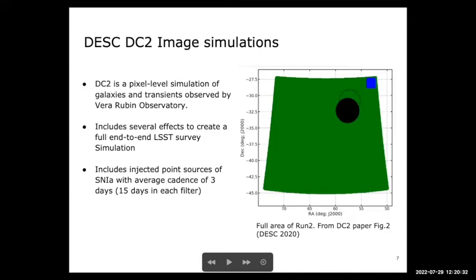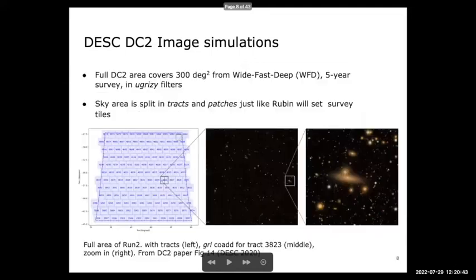It's an outdated cadence, and we know this, but it's what was available at the moment. So this includes SN1A point sources, and the full area of DC2 is 300 square degrees, and from Wide-Fast-Deep, 1 square degree of DDF for 5 years of survey.